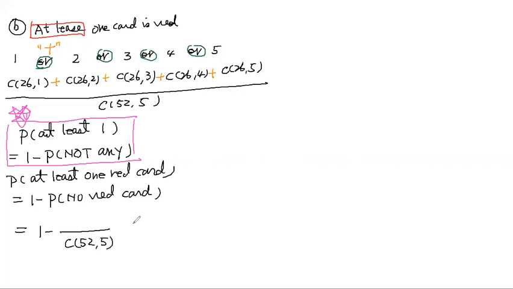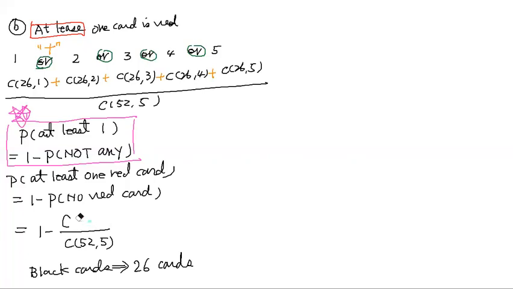So no red card means that you need to pick from the black cards, right? For the black cards, I also have 2 suits, a spade and a club. So in total how many black cards do I have? I have 26 black cards, right? That's basically no red cards. That means I need to pick from the 52. No, I'm sorry, not the 52.